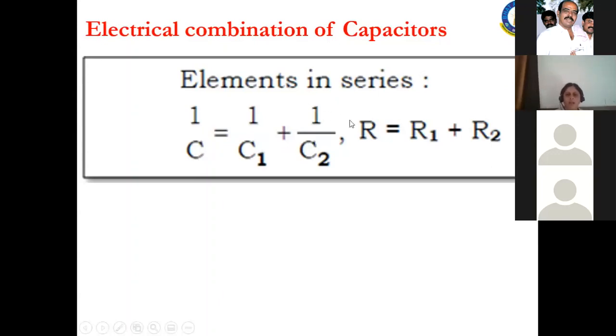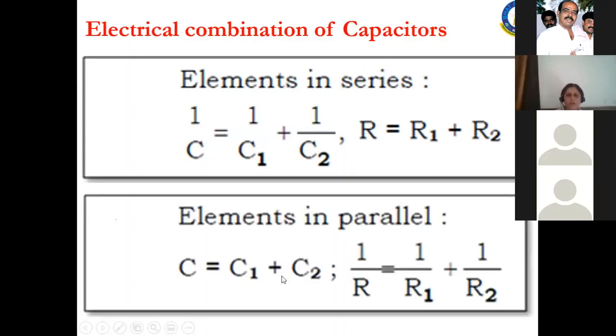Here we are giving you a comparison with the case of resistors. In case of resistance, we have R equal to R1 plus R2. In case of capacitors, the reciprocals are added.